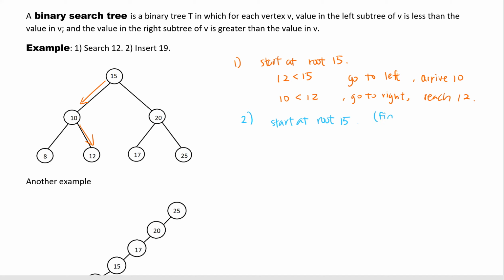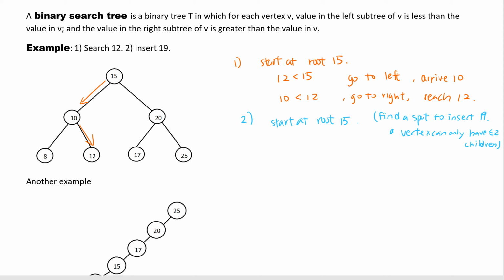But because this is a binary tree, a vertex can only have at most 2 children. Okay, so we need to search for a spot for 19.